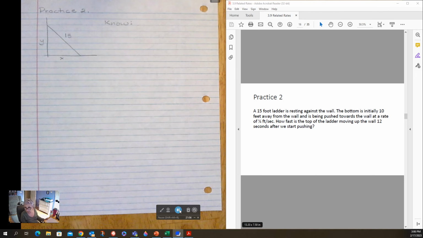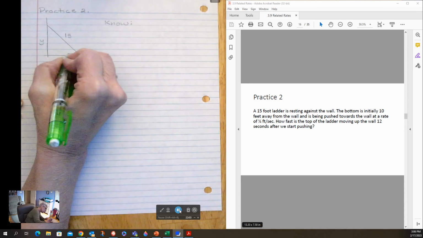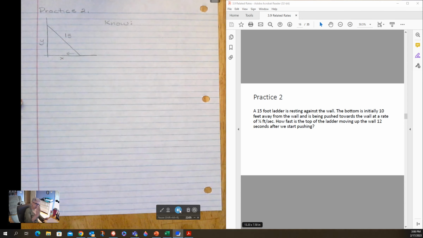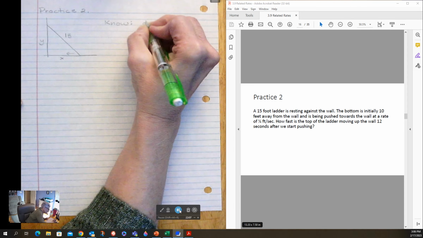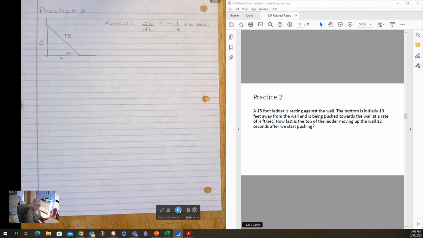It's being pushed towards the wall, so this way. x is getting smaller, so dx/dt is negative 1/4 foot per second.